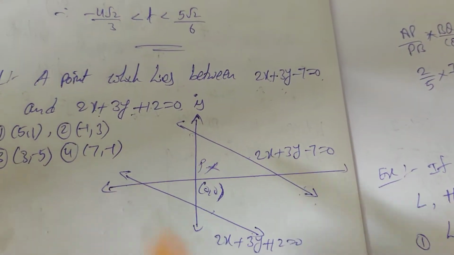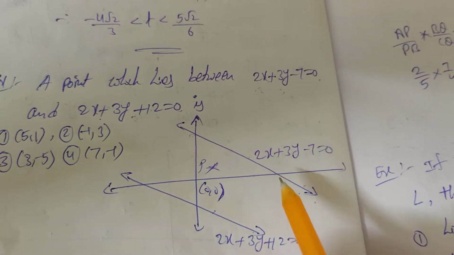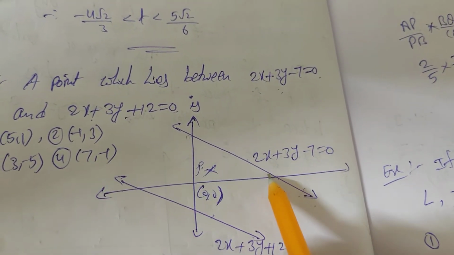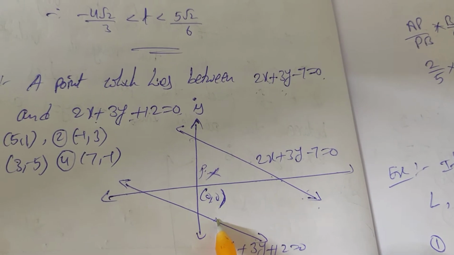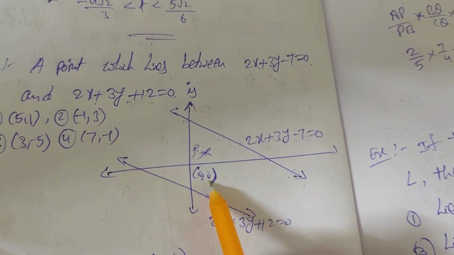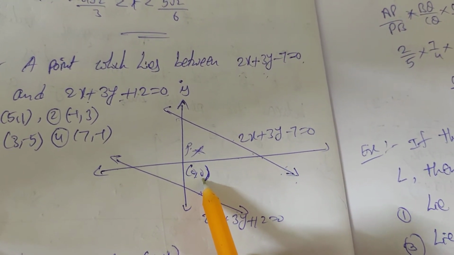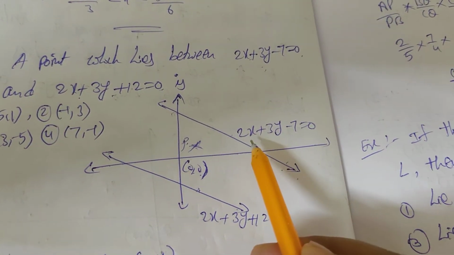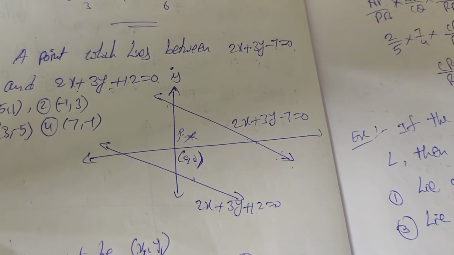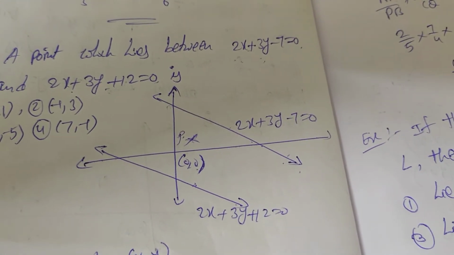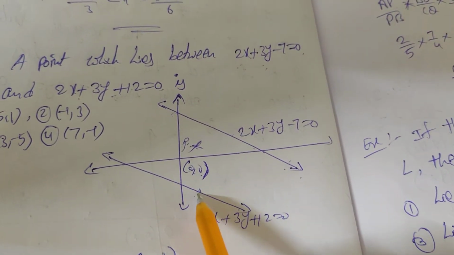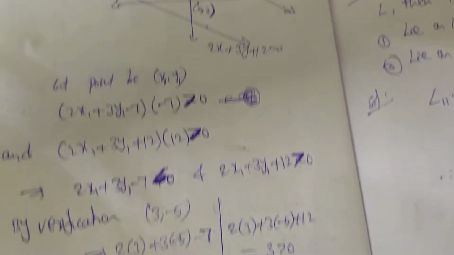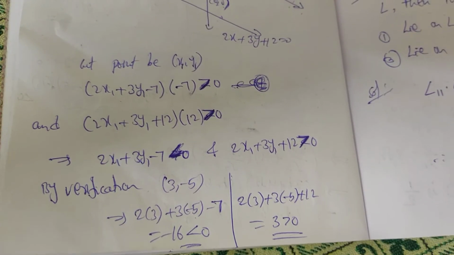So let us consider this is the point P. For this line, P and the origin are on the same side, and for this line also P and the origin are on the same side. Same side means the product L11 into L22 gives positive, and here also L1 into L22 gives positive. Again, if you consider those two conditions, you may get the answer.